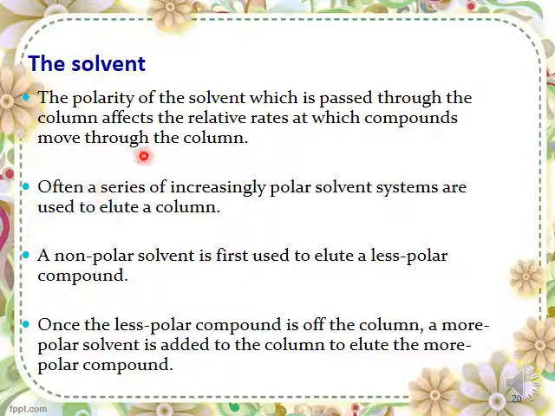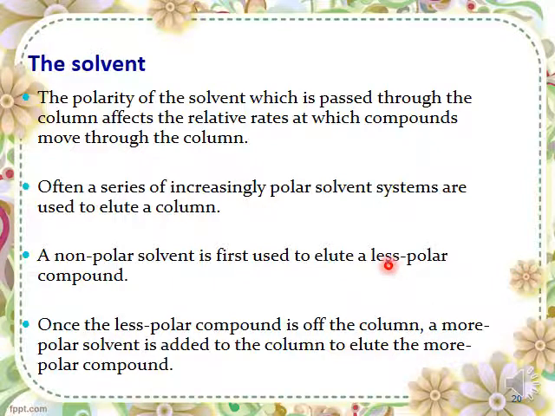This non-polar solvent will elute the non-polar component first, and then once we have eluted the non-polar component, we change to a more polar solvent to elute the more polar component. So we want to move the polar component which has strong affinity to the stationary phase.